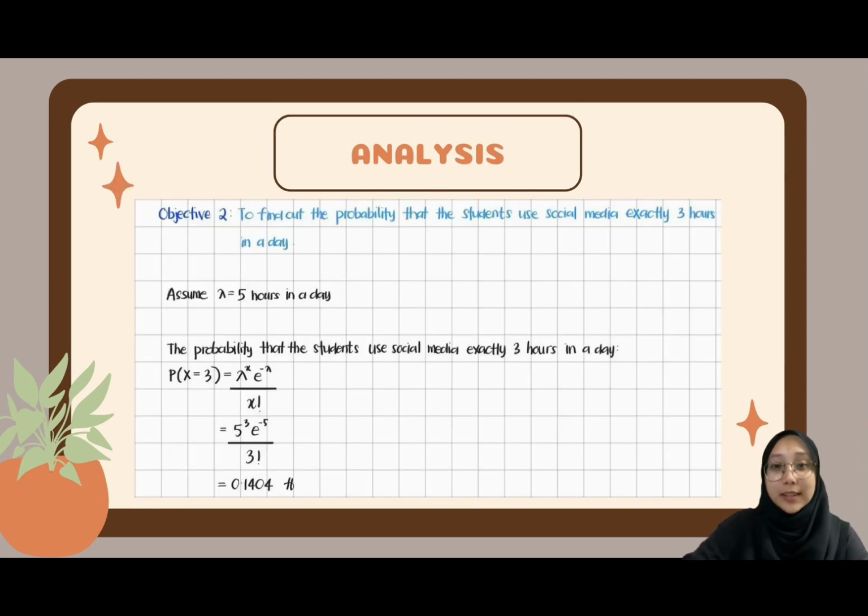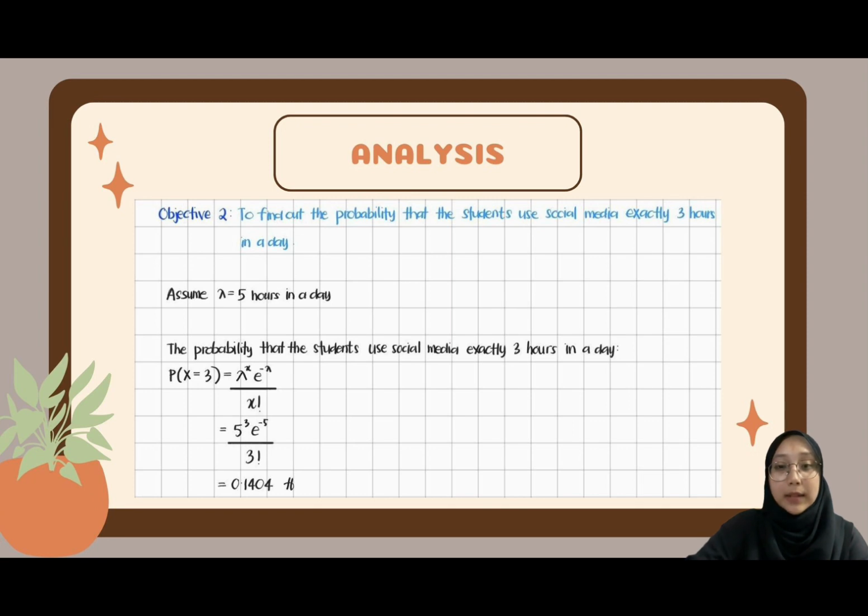male students. Objective 2, we want to find out the probability that the students use social media exactly 3 hours in a day. First, we must assume lambda is equal to 5 hours in a day. Probability of X exactly 3 is equal to lambda to the power of x times exponent of negative lambda over x factorial, and then substitute into the formula the value of lambda equal to 5, and the value of x equal to 3.